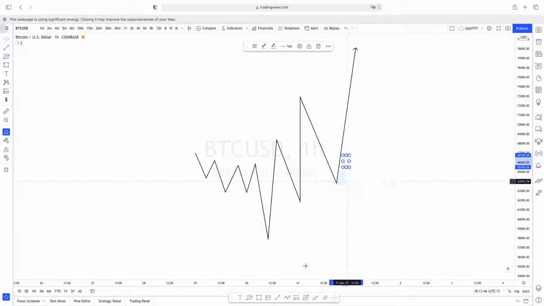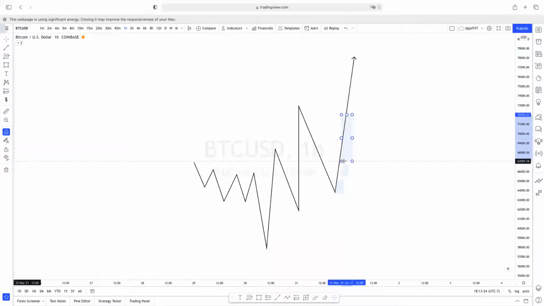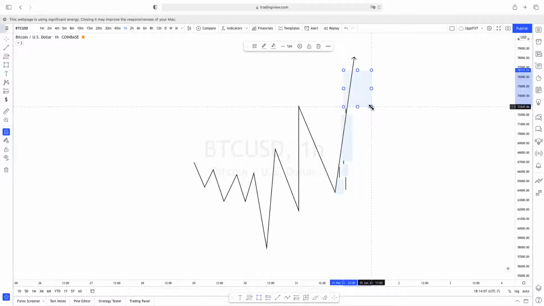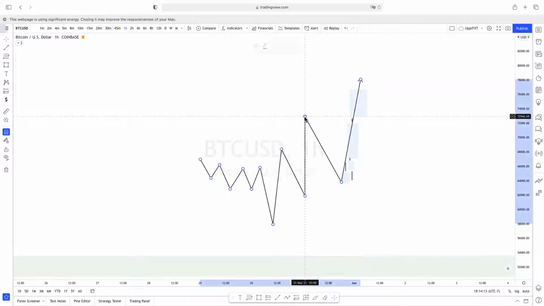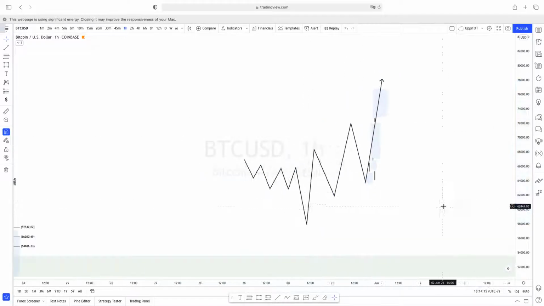Just a moment. Boom. Wick, wick, wick. This is going to be the imbalance. There's a wick coming out of it, let's say. Okay, excuse me. So this is going to be scenario 3.